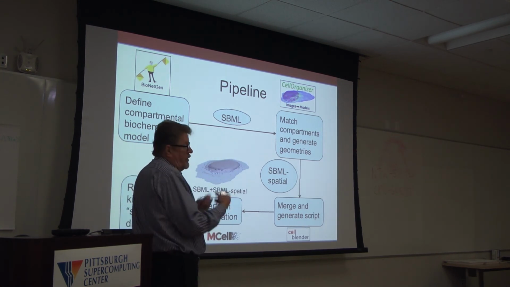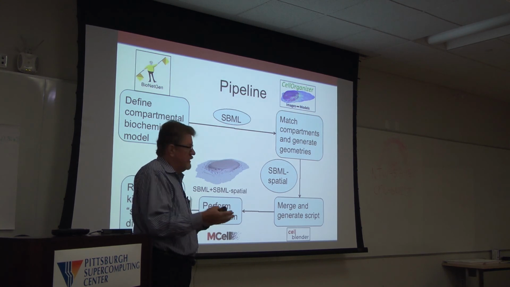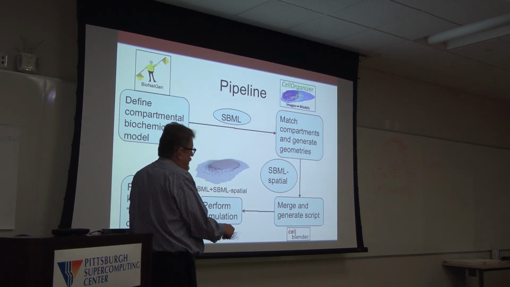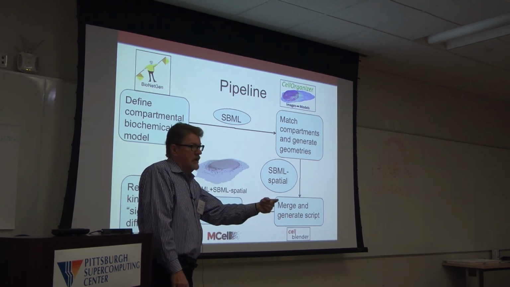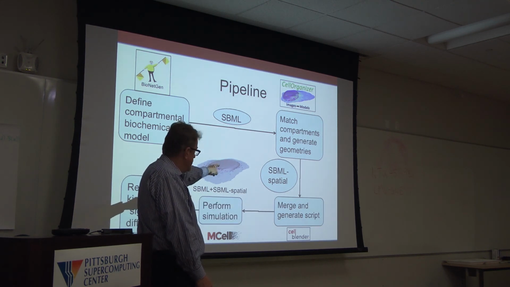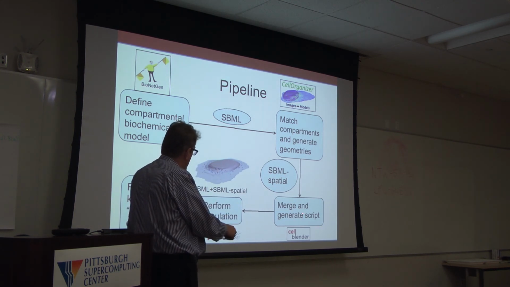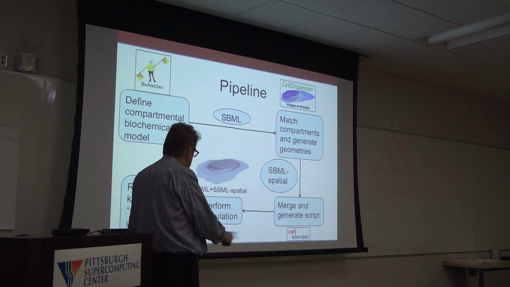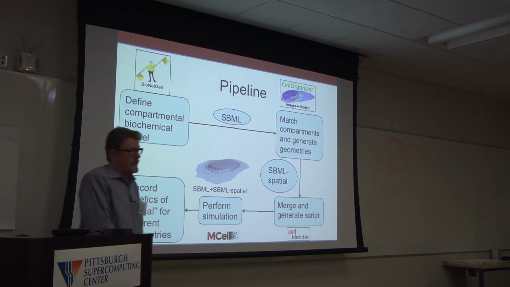It says, do I have a model of those compartments? And if it does, it generates a new geometry using what's called SBML spatial, merges these two together and generates a script using Cell Blender, and then we can perform a simulation in MCell, for example.